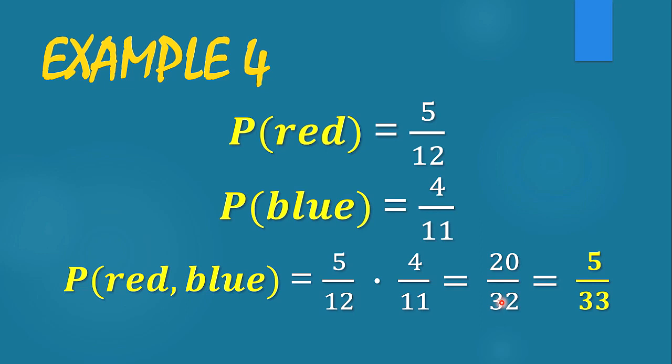So 20 divided by 132, that is equal to 0.15 or 15%, or that is 5 over 33. So again, we have 20 over 132, or that is 5 over 33.